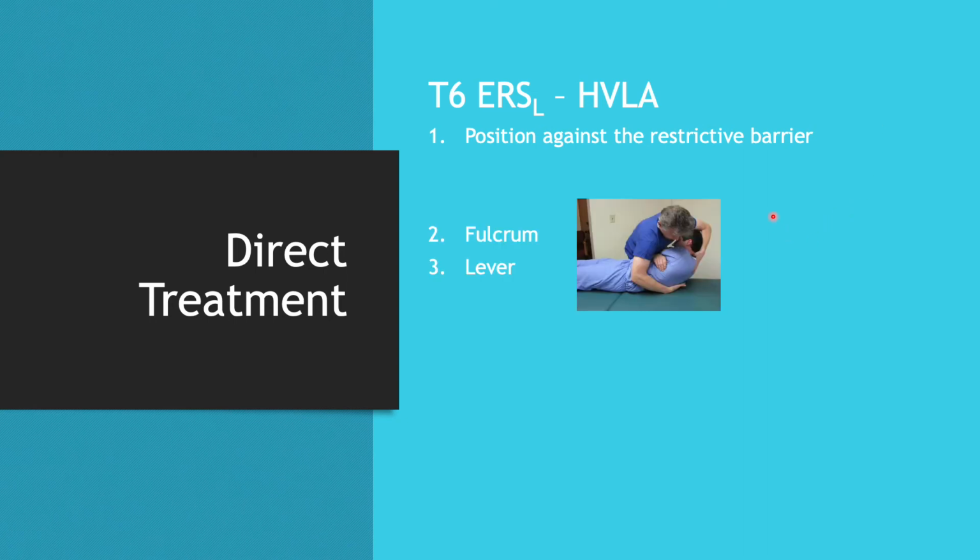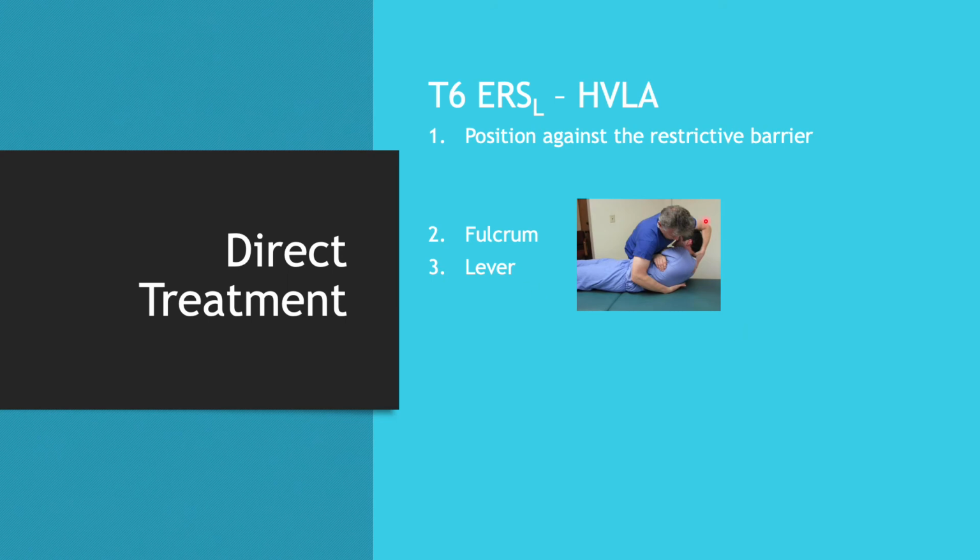So again, position against a restricted barrier. We're going to place the patient flexed, side bent right, rotated right. Dr. Johnson's got a fulcrum here at T7 that he's using with the first digit of his hand, the way he likes to do it.